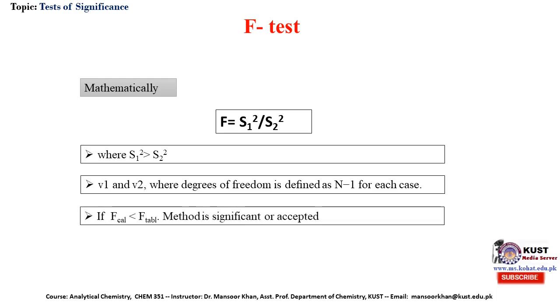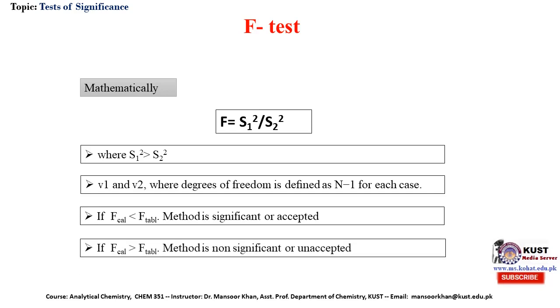So if F calculated from the above equation is less than F tabulated, which is present in the table, then the method will be significant or accepted. But if F calculated is greater than F tabulated, the method will be non-significant or unaccepted.